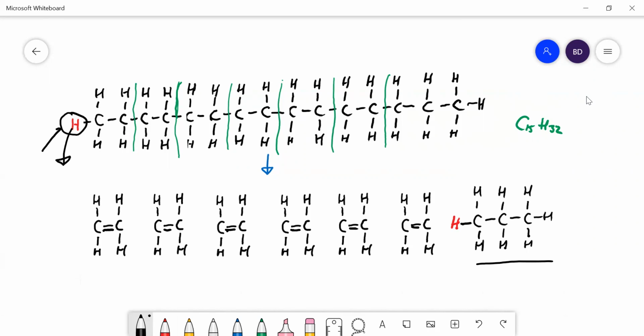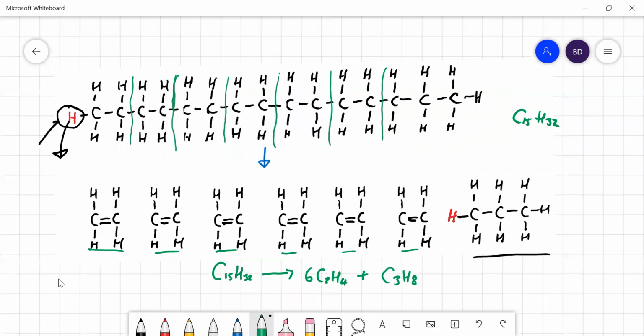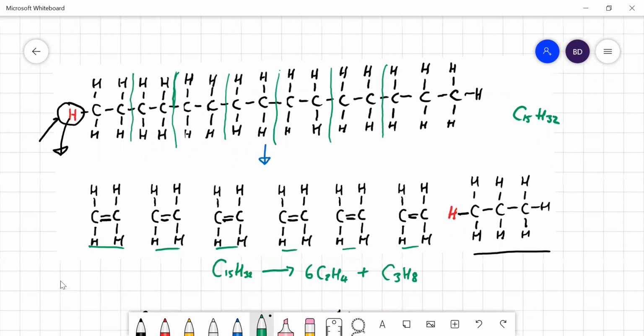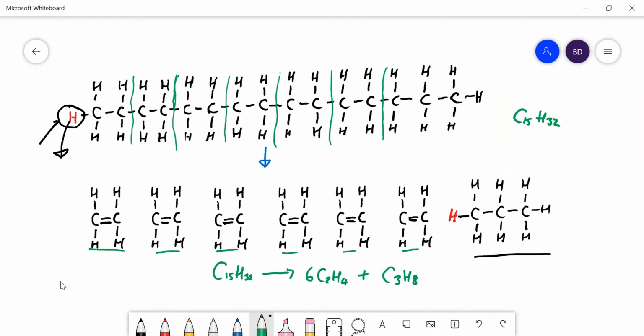So if we write an equation for that, we have C15H32 forms 1, 2, 3, 4, 5, 6 of these ethene molecules. So 6 C2H4. They're all alkenes. And then finally one alkane, C3H8. And we'll see later that ethene is actually a very important product from cracking.